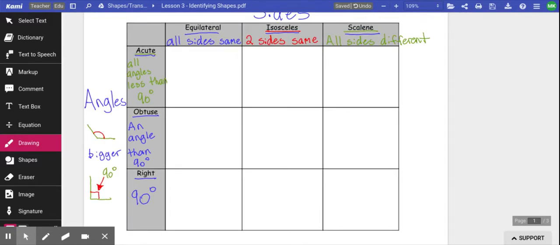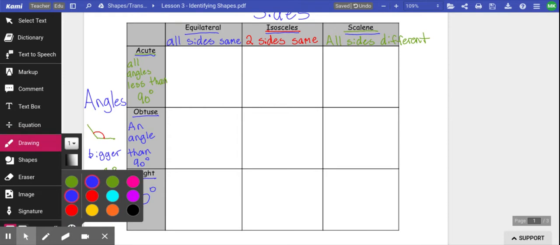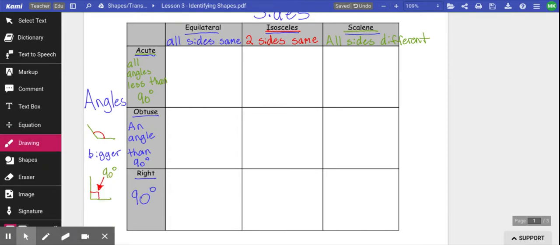In each one of these 9 boxes, we're going to draw the situation that would represent the row and the column title. In this first box, our job is to make an equilateral triangle that is also acute. Equilateral means all sides are the same. Acute means that all angles are less than 90 degrees.